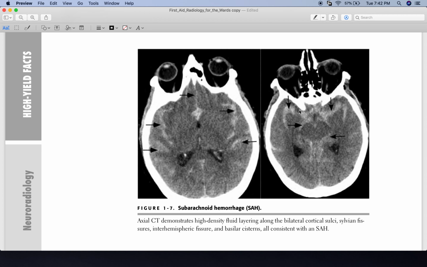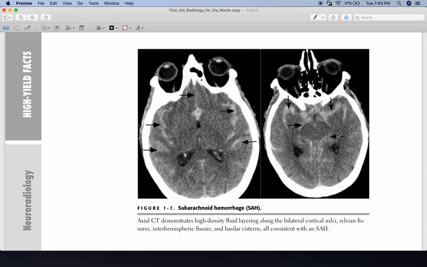So that's why this is an indication of what? This is an indication of subarachnoid hemorrhage in the basilar cisterns. And also here we can see the Sylvian fissures as well, and they are also hyperdense. And all these things are actually an indication for subarachnoid hemorrhage.